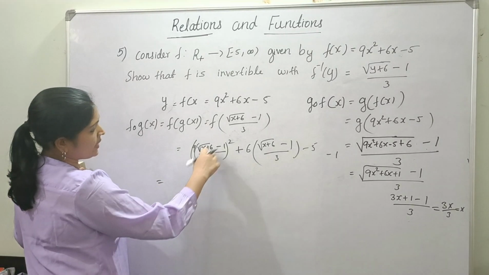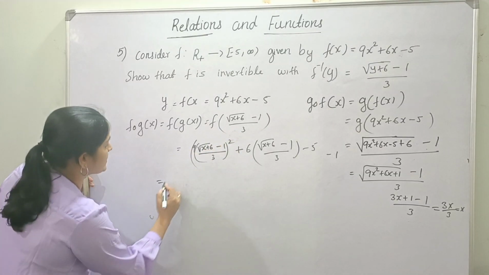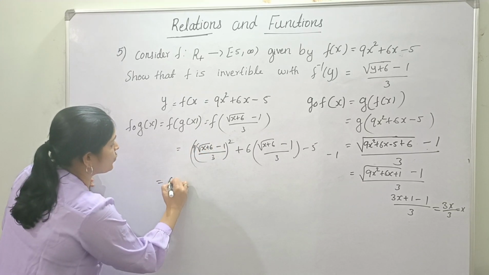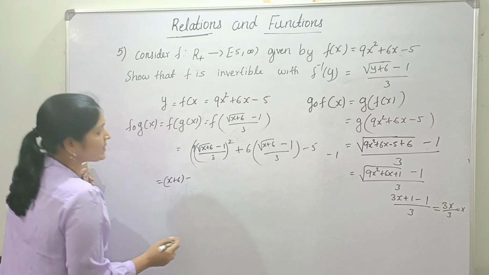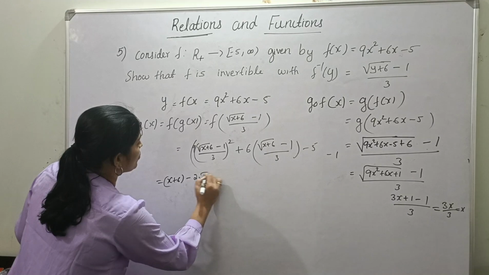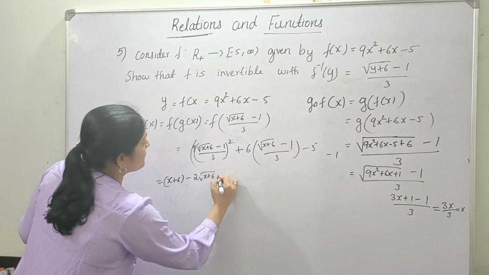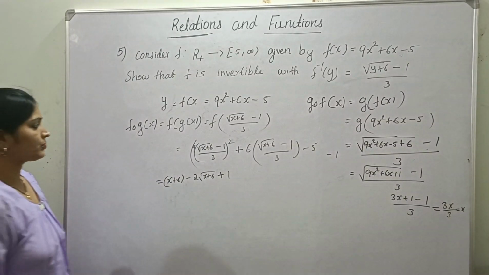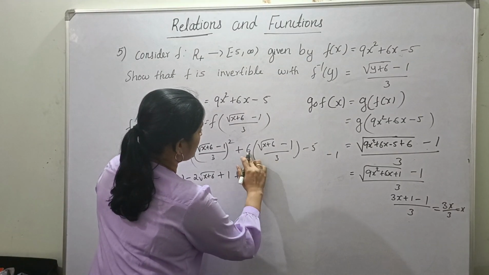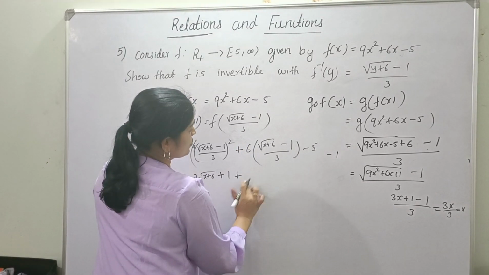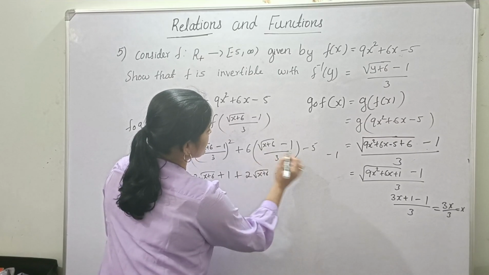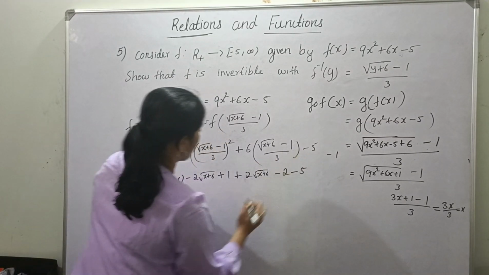That is equal to, here 3 square, that is 9, so 9 cancelled. So a minus b whole square form, that is a square, x plus 6, minus 2 into this one, 2 root x plus 6, plus 1, plus here 6. 3 twos are 6, so 3 cancel, 2 root x plus 6 minus 2, minus 5.